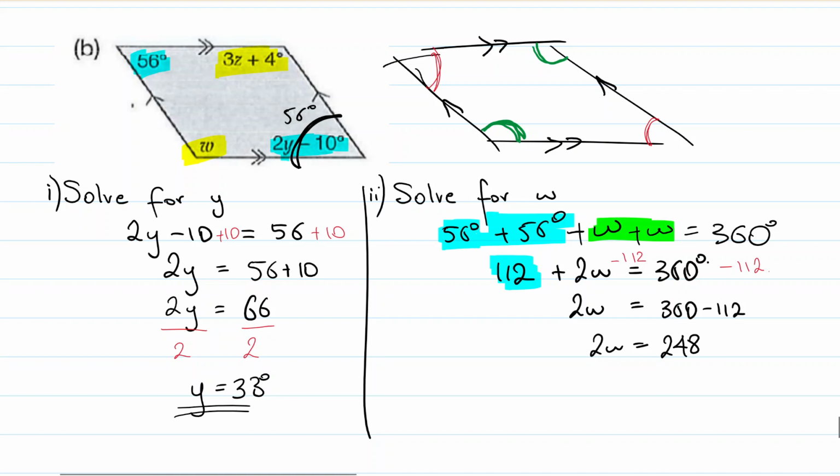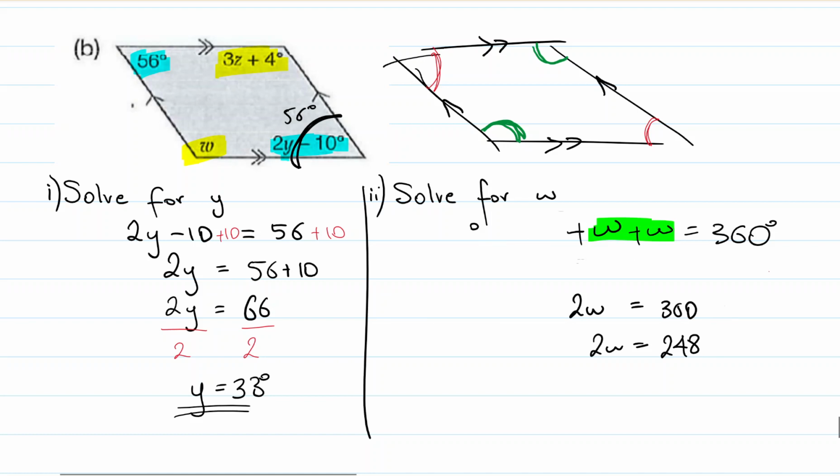so I need to now adjust this. I'll start this one again because it's so messy. Alright, so now to solve for W, I want to say if I add all of those angles together, so that should not be 56, that should be now, we know that whole angle there is 60, sorry, it is 56, that's 56 degrees here.